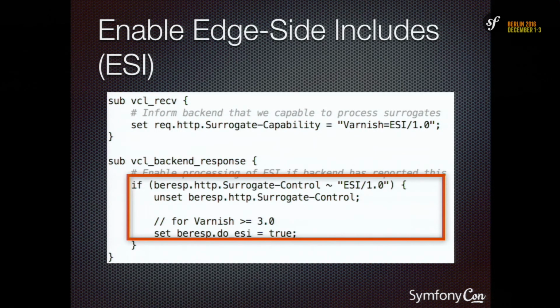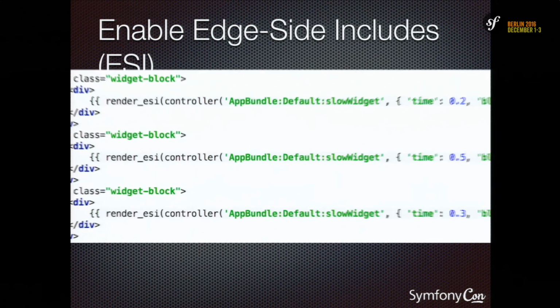And we also need to check if the backend supports this technology. Symfony will automatically reply with a special header, Edge Side Include, and we can check this header in our Varnish instance. After that, we can proceed with our Edge Side Includes.